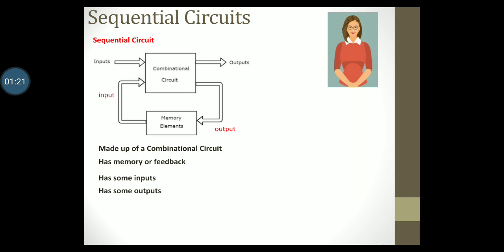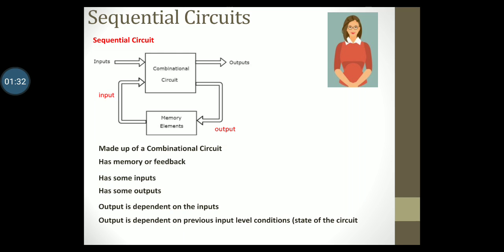Besides this, it will also have some inputs and outputs, such that the output is dependent on the inputs. But sometimes the output may be dependent on some previous input level conditions also. Because of this, sequential circuits are a little complicated to design.